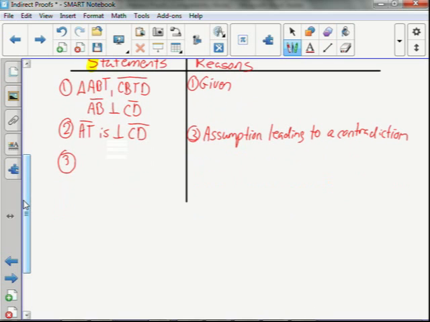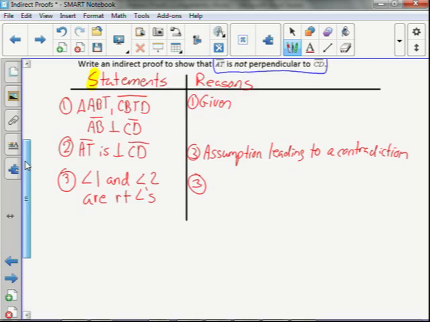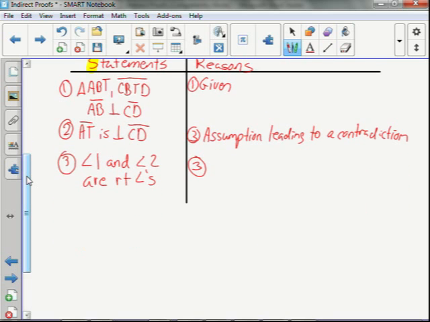So angle 1 and angle 2 are right angles. Well, okay. How do we know that? Well, because if two lines are perpendicular, then they form right angles.